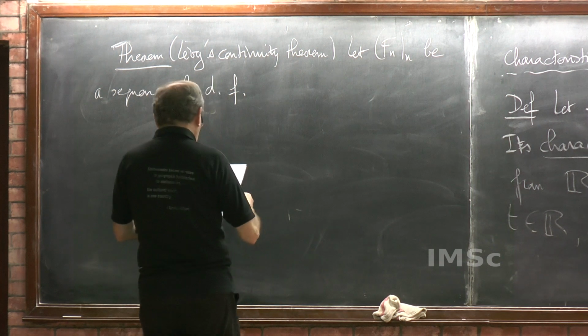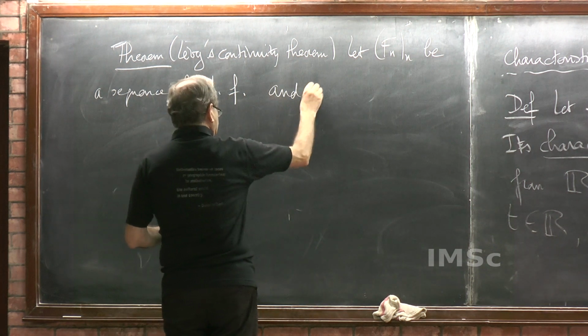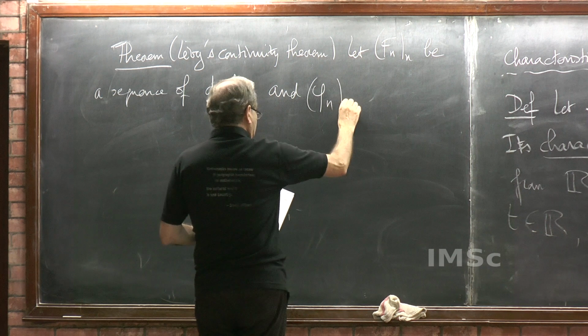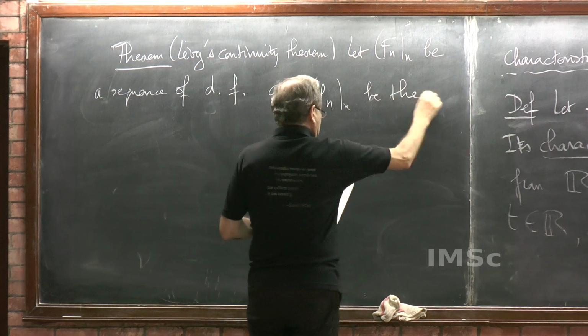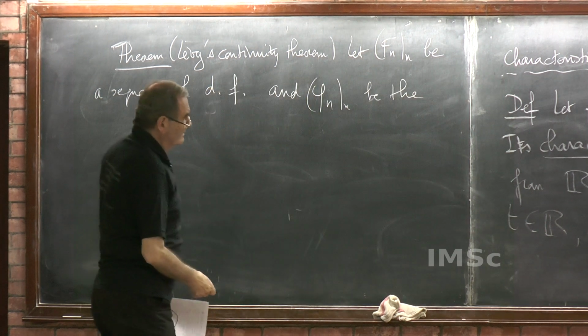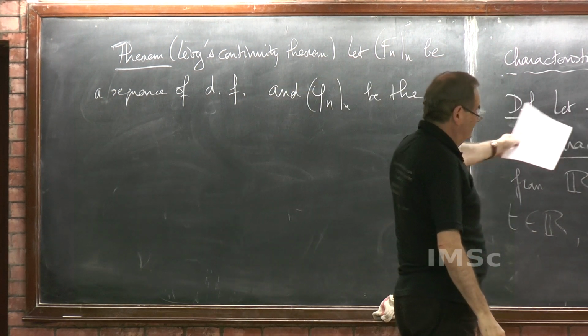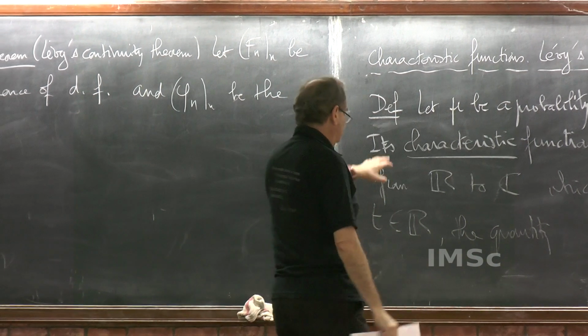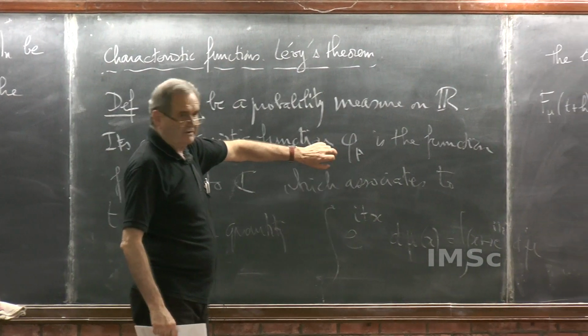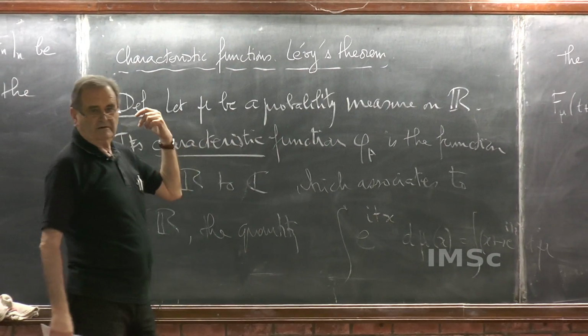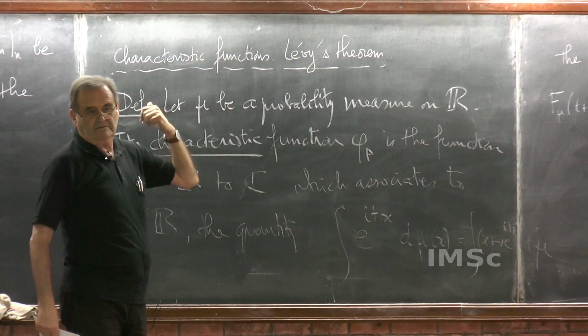Okay? And phi n be the sequence. I said mu is a probability measure, and I defined the characteristic function of a measure. You can also define the characteristic function of a distribution function.